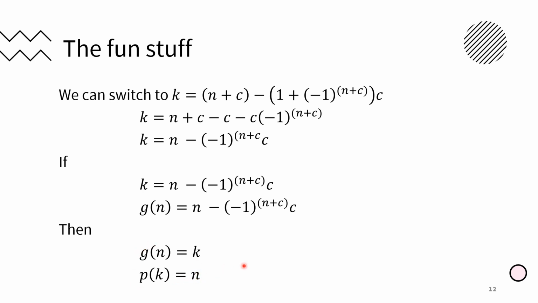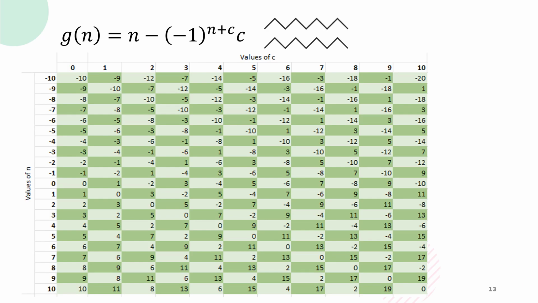So what does this mean? Well, let's take a look-see at it. Let's plug it into Excel. So this is the inverse of the function, and we notice that these values are the same.